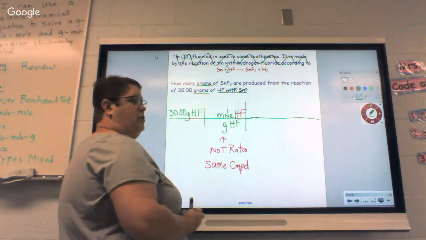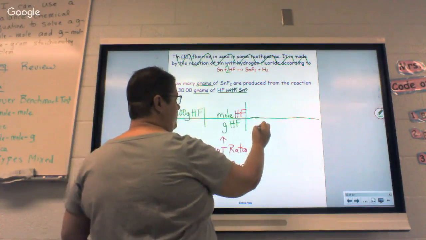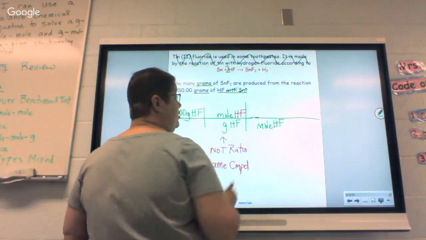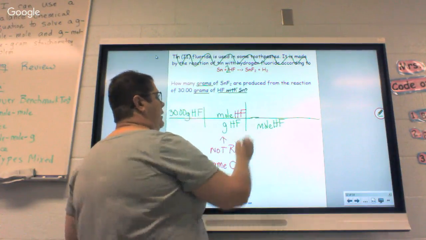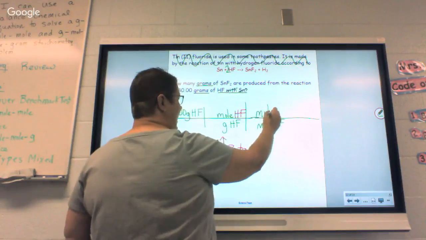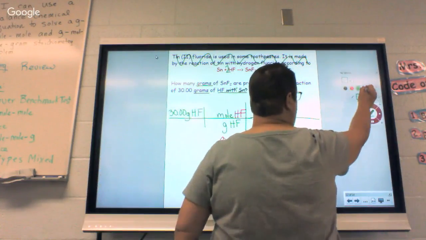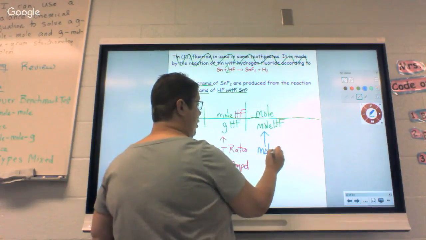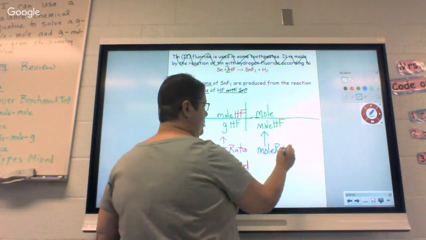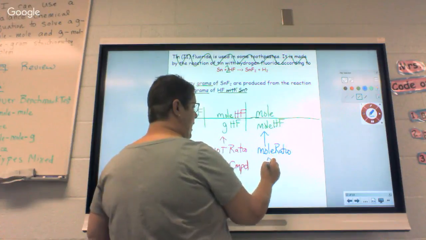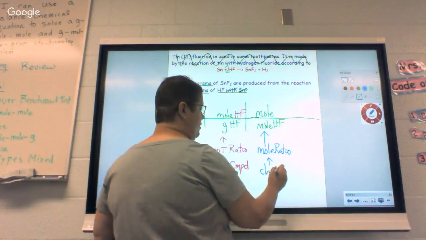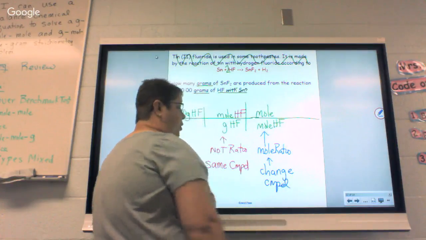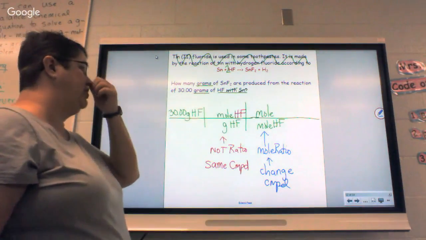Now, I'm going to come back to the numbers this time. What goes on the bottom? Moles of HF. Are we changing compound? Yes. This time, what did I just create? This one is the mole ratio. So this time, I'm going to change my compound. Which compound are we going to change it to?